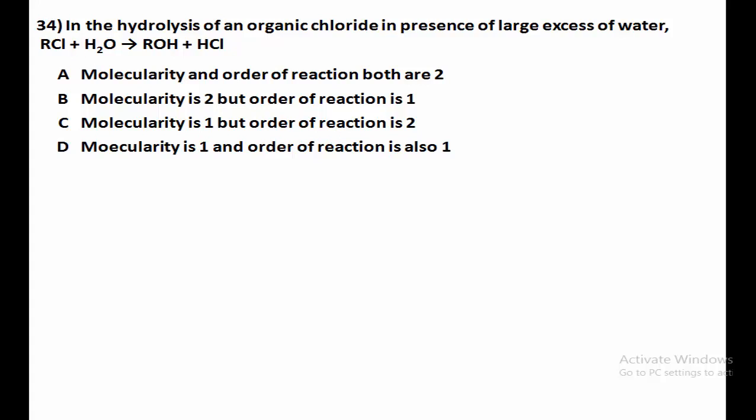So if you observe here at the left hand side, how will you write the rate equation for this reaction? Rate is equal to k times concentration of RCl and concentration of H2O. H2O is present in large excess.